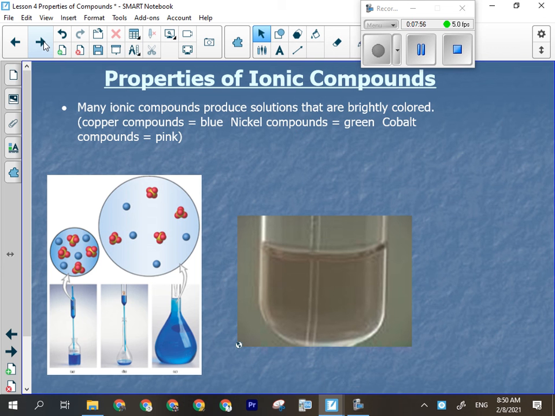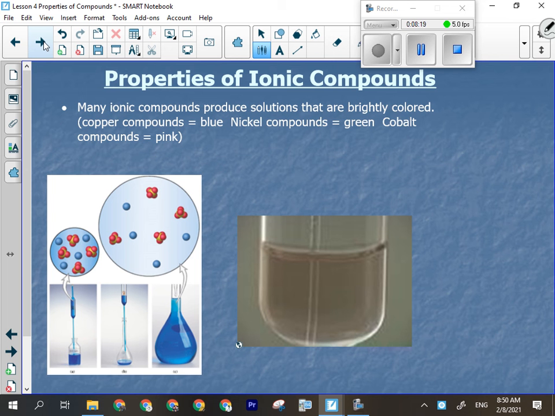So lots of ionic compounds will produce solutions that are brightly colored. This will be really important because this is one of those super easy physical properties that you can use to help you identify something, just to look at its color. If I have a blue crystalline solid, it probably contains copper.